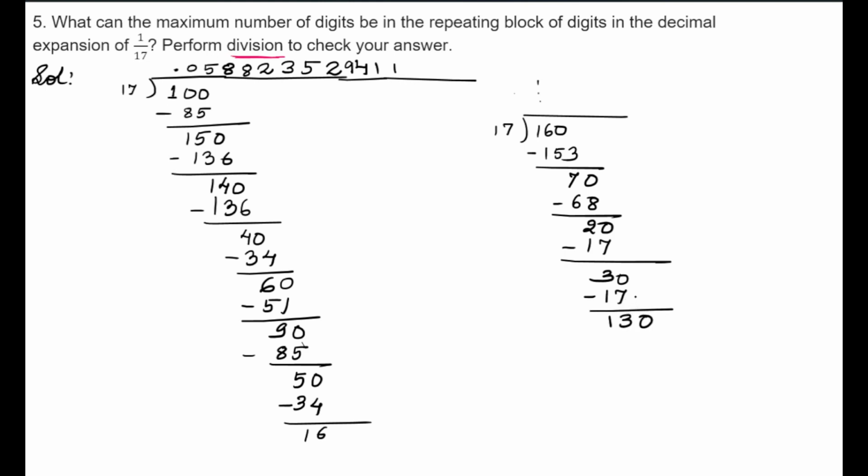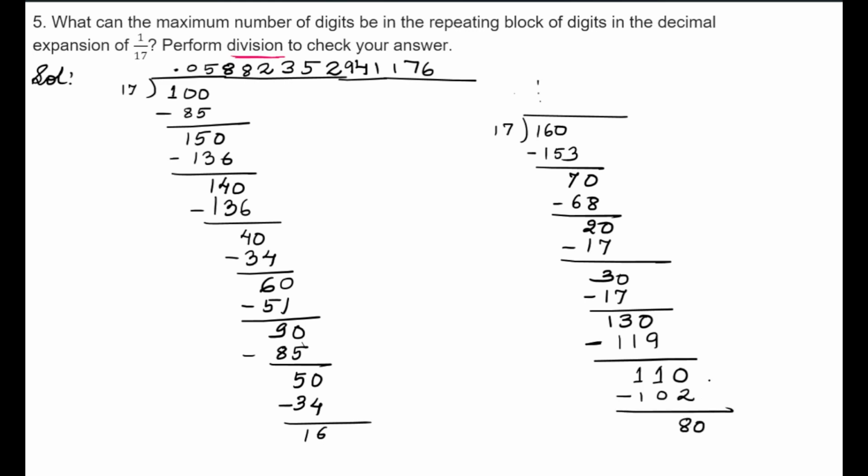Again a 0, 7 times 119 minus, you get here 11. A 0. Now 6 times it is 102 minus, you get here 8.